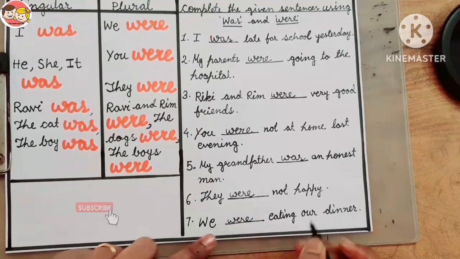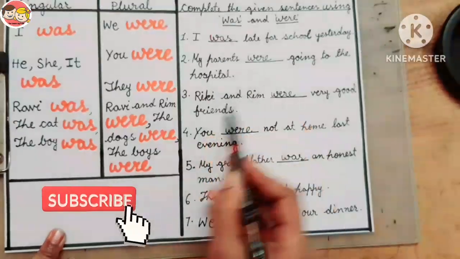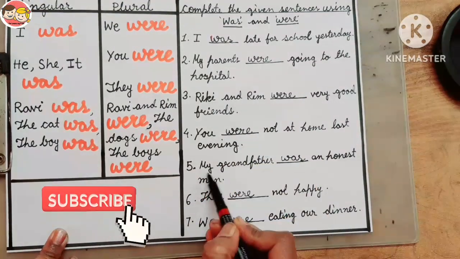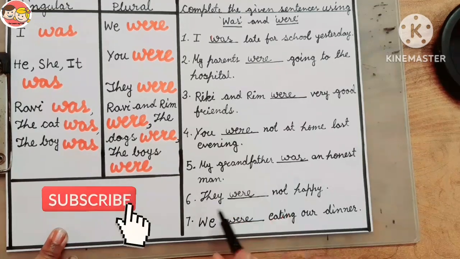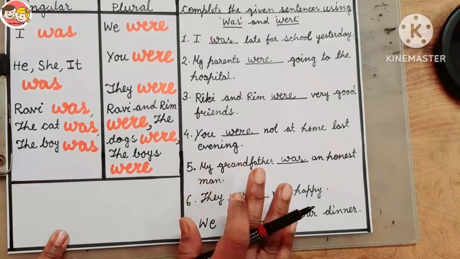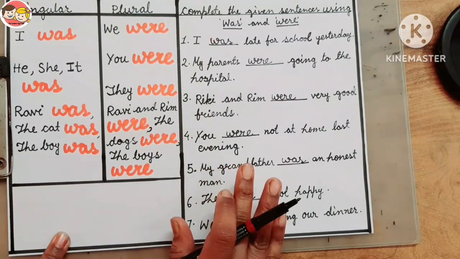We were. I was. My parents were. Ricky and Reem were. You were. My grandfather was. They were. We were. These sentences show past time or past tense.